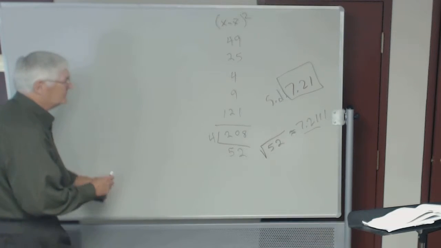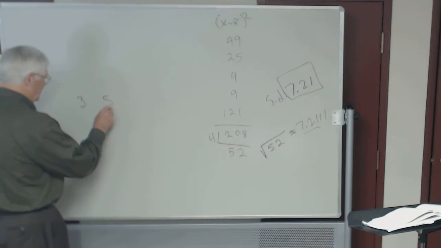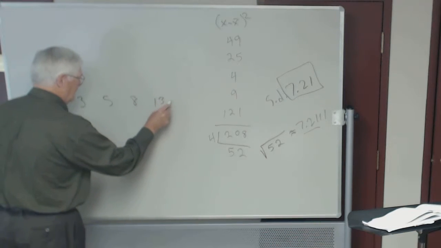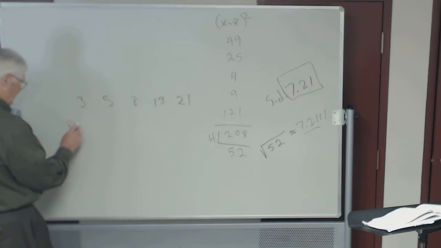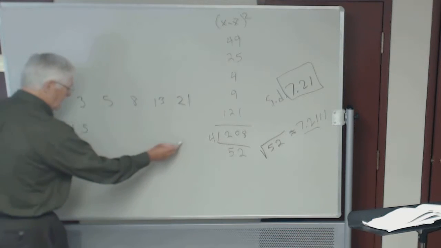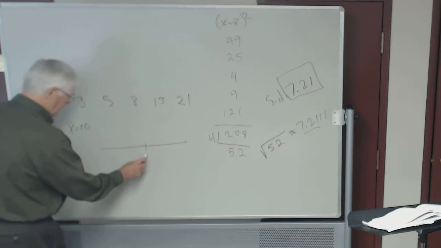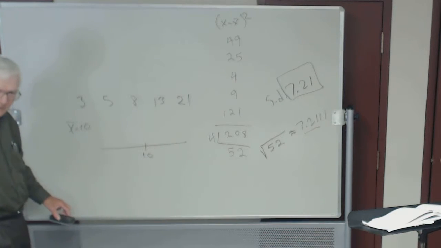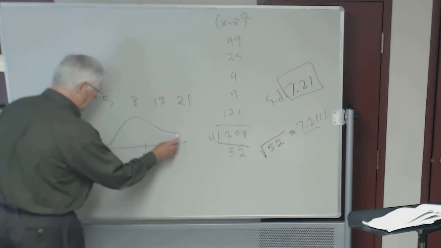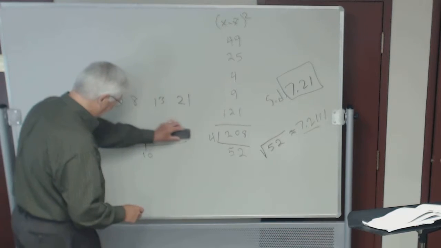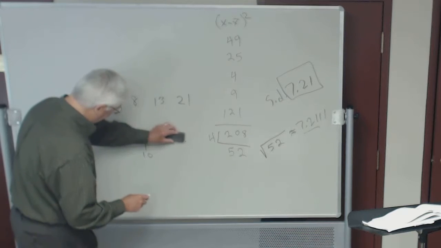What were the scores? 3, 5, 8, 13, and 21. And the mean was what? No, the mean was 10. So I draw a line and put 10 right here in the middle. Have you seen that normal curve thing anywhere in life? Yeah. Okay. So that normal curve, well, I'm having trouble getting one up here today.